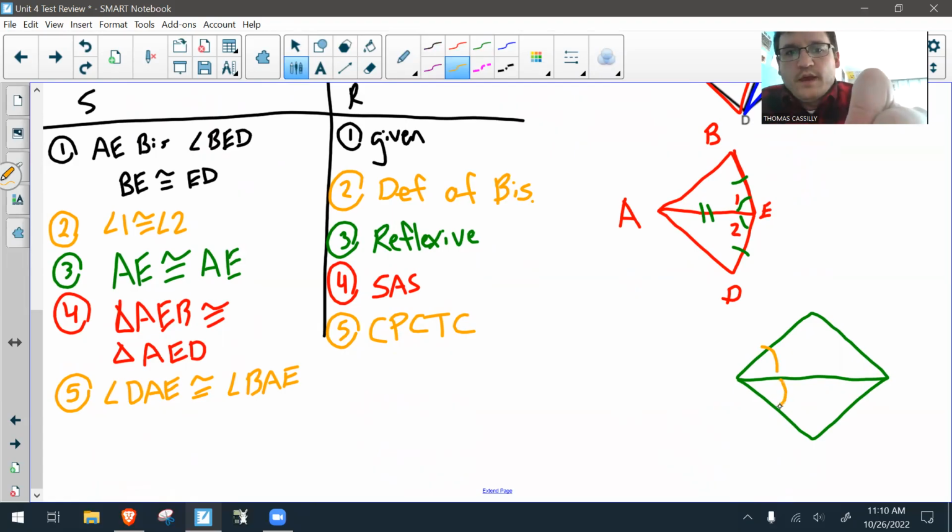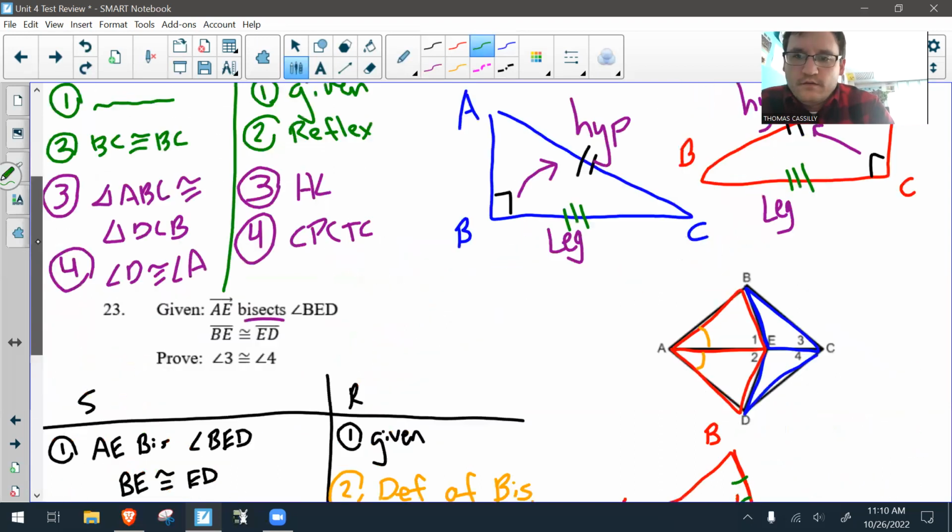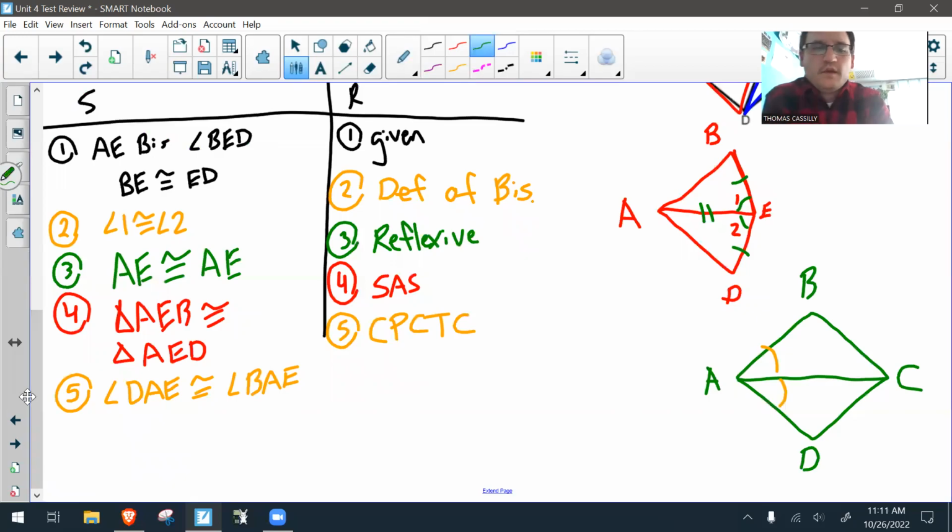All right, so we had, this was point A, this is point B, this is point D, and I think this is point C. Let me double check. Yeah, all right. So BAE is congruent to DAE, and keep in mind there's kind of that middle point right here, that's point E. All right, so those angles are congruent.